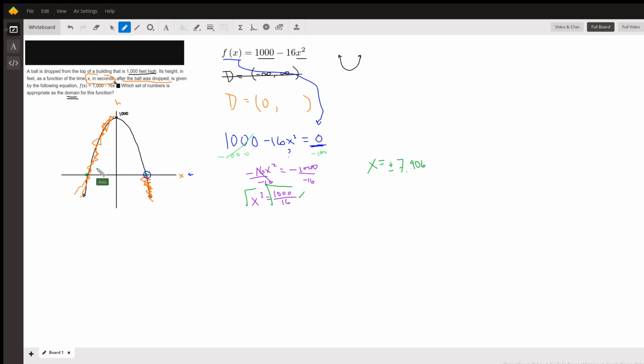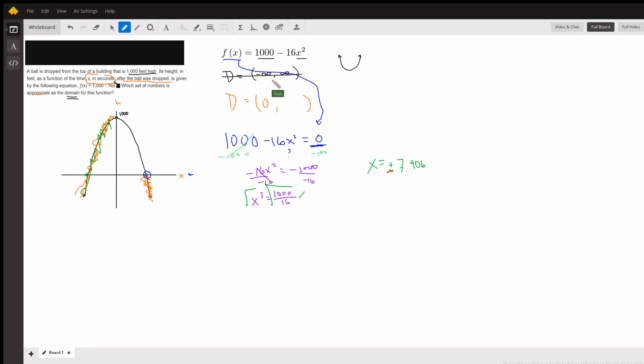Well, go back to the fact that earlier I actually got rid of all these negative x values, right? We said even though technically those would work in this function, in this problem that doesn't make sense because we can't have negative time. So even though there are technically two answers, we're going to go back and get rid of that negative one.